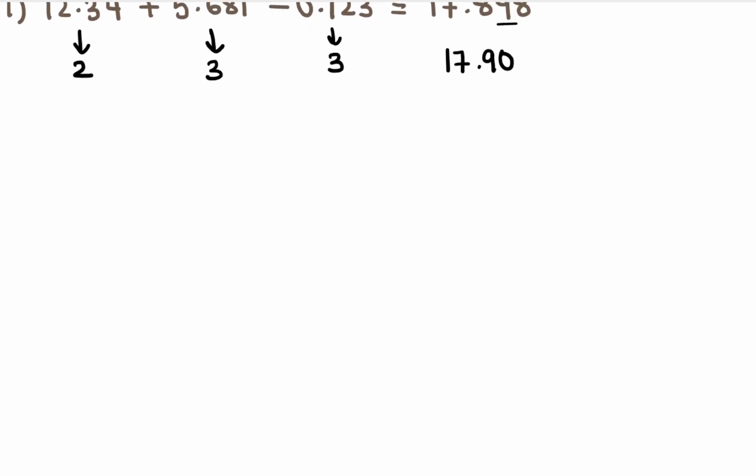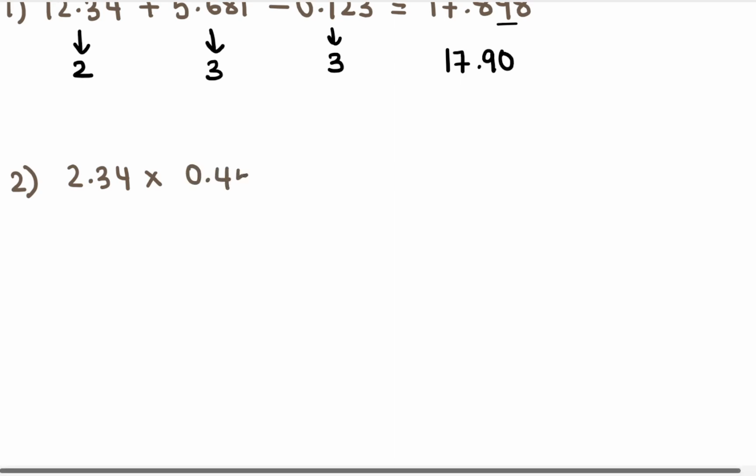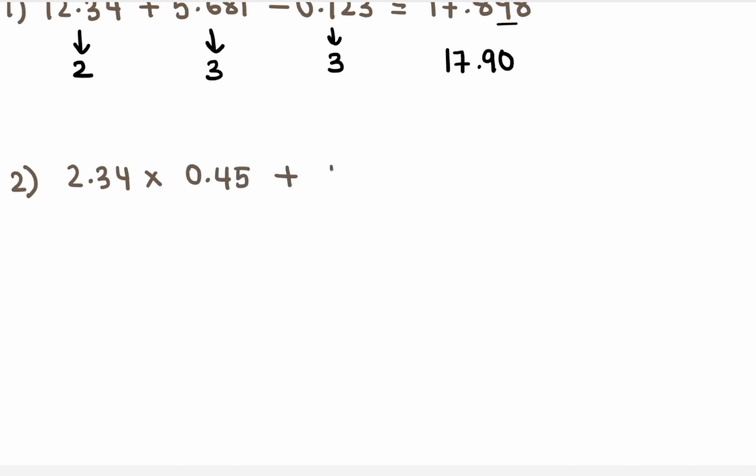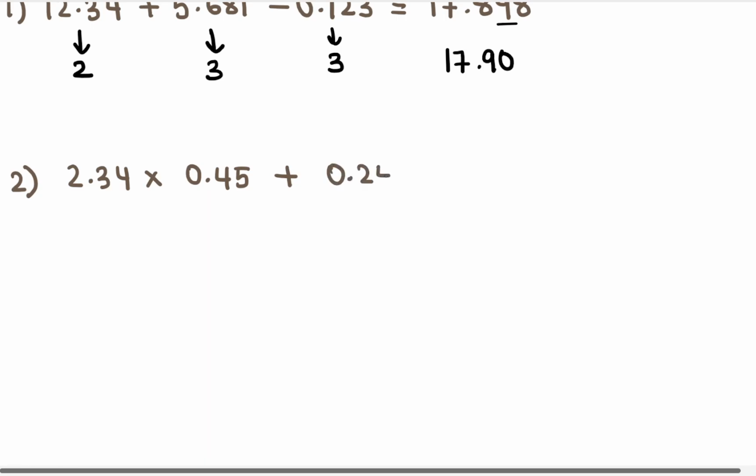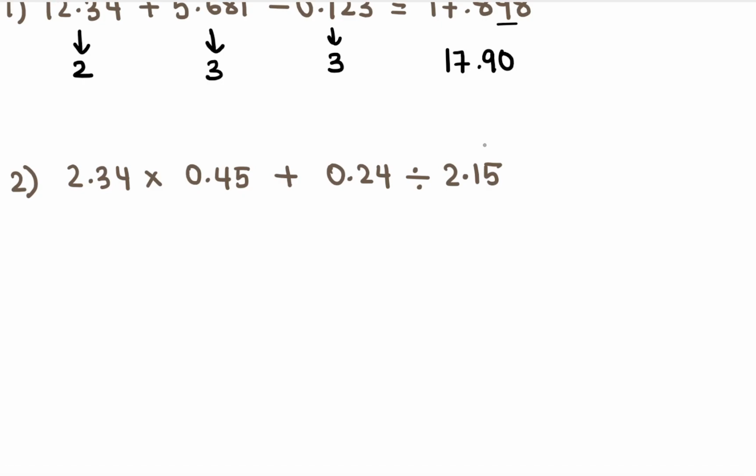Let's do one more example. 2.34 times 0.45 plus 0.24 divided by 2.15. This problem has to follow both the rules since it has addition, multiplication, and division.